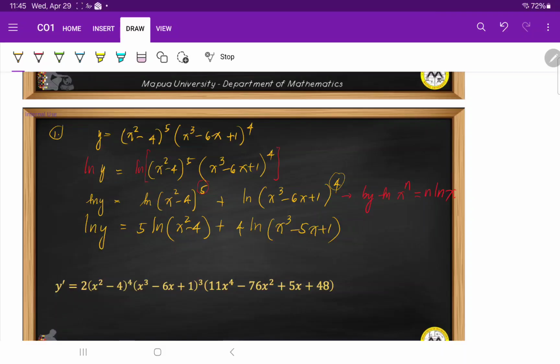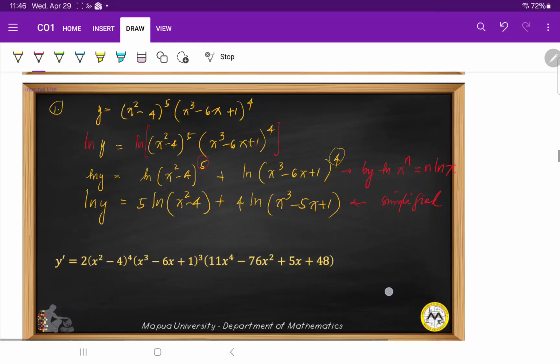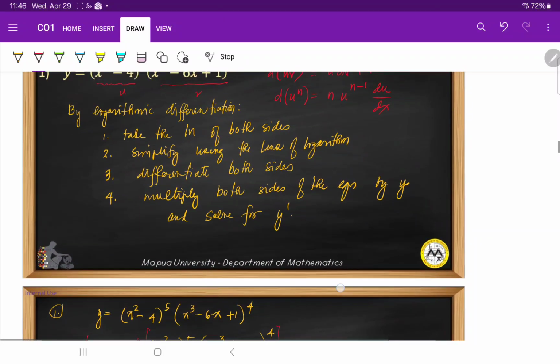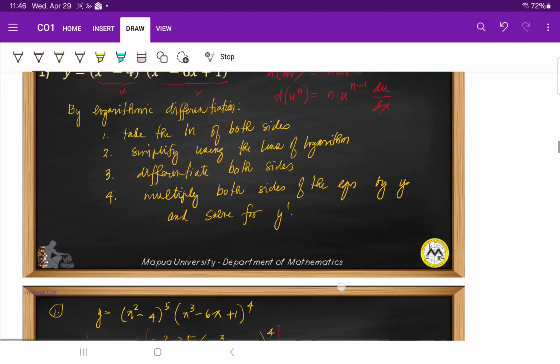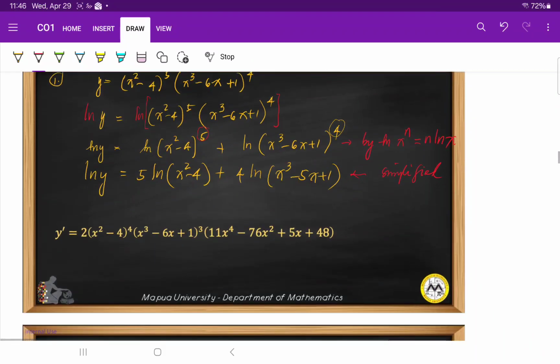Since this is now in simplified form, we can find the derivative of both sides. So what's the first step here? Take the natural logarithm of both sides, simplify, and then differentiate both sides. Once it's simplified, we take the derivative of both sides. What is the derivative of ln of y?